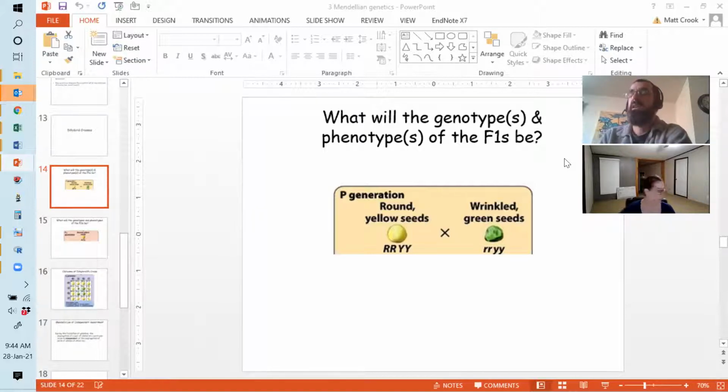So someone else, can you tell me what the phenotypes are? Yeah, round yellow, same as the dominant, because they're heterozygotes, and so they're going to be the same phenotype as the homozygous dominant parent was. Awesome, cool. So it's exactly the same as a monohybrid cross, but now we're just dealing with two traits rather than just one.